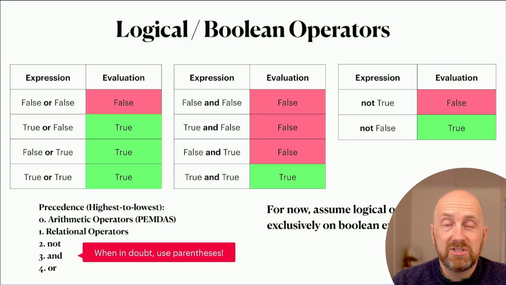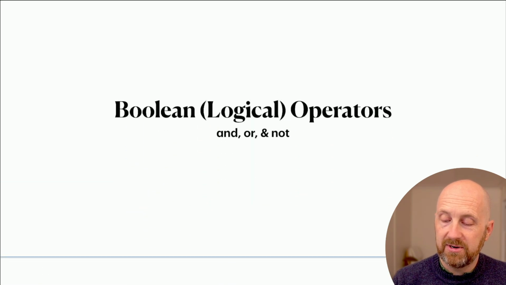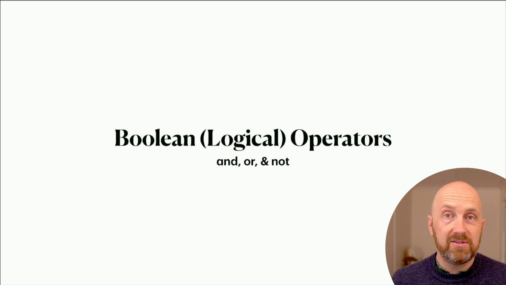When in doubt, just assume that you're always working with Boolean expressions. And so if you have a value 1 and you want to make it a Boolean expression, maybe you test is x equal to 1? Well, if x is 1, then that would be true, false otherwise. That's all we've got for the introduction to these logical Boolean operators. Using these, you can write more sophisticated logic in your conditional and while loop statements.